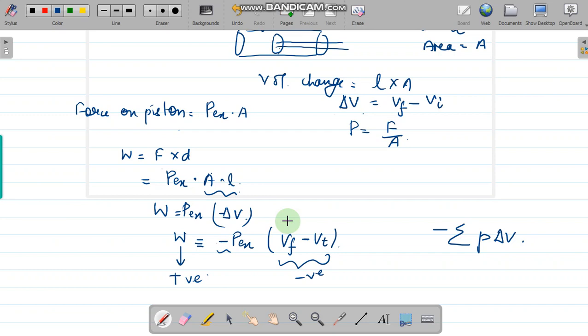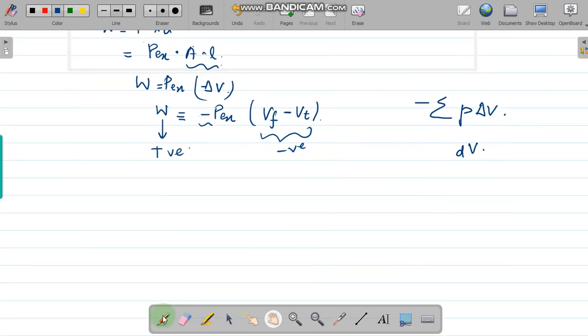The second condition could be that the pressure is not constant but changes during the process, such that it is always infinitely greater than the pressure of the gas. Then at each stage of compression the volume decreases by a certain amount, dV. In such a way, your equation will be W = minus the integral from Vi to Vf of P external dV.